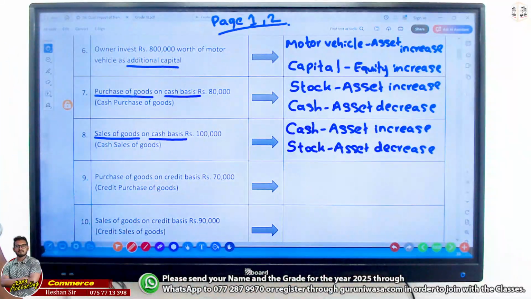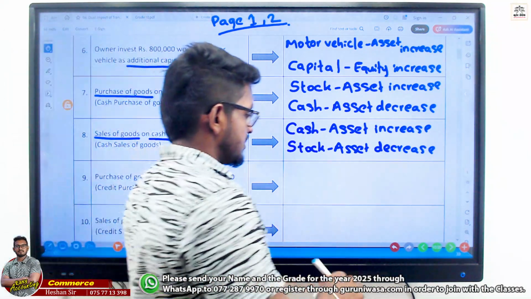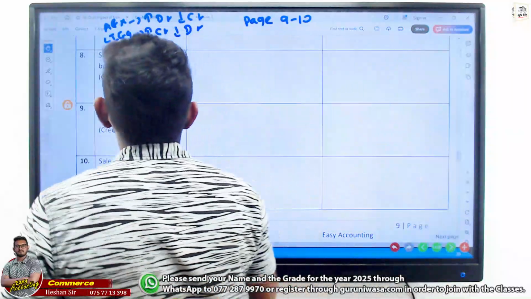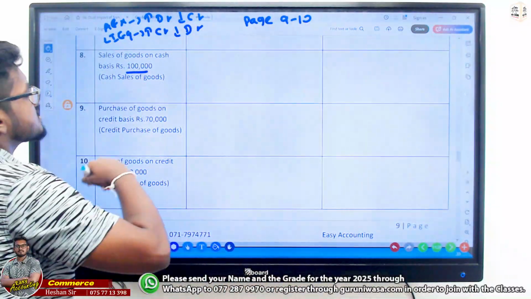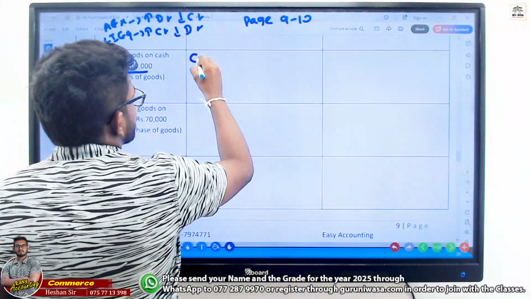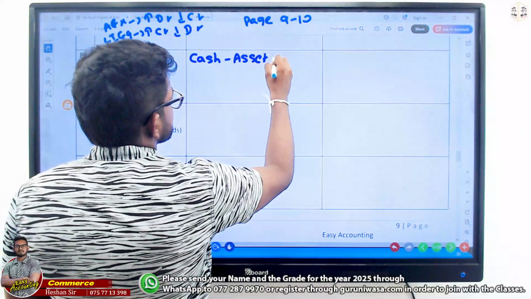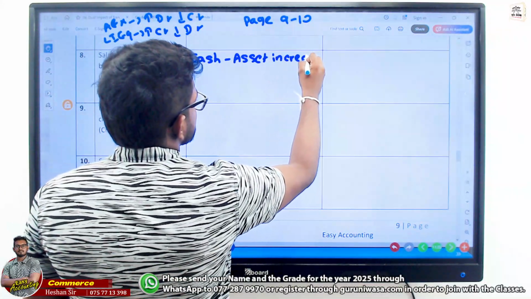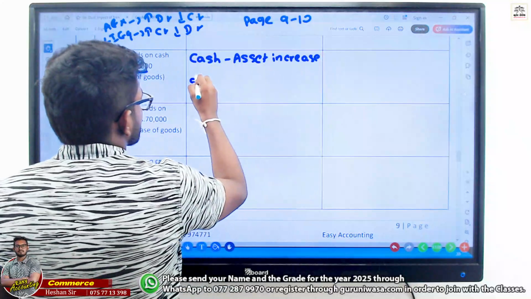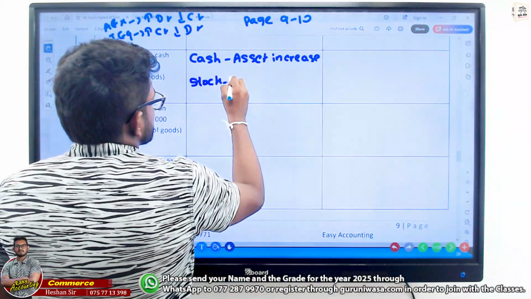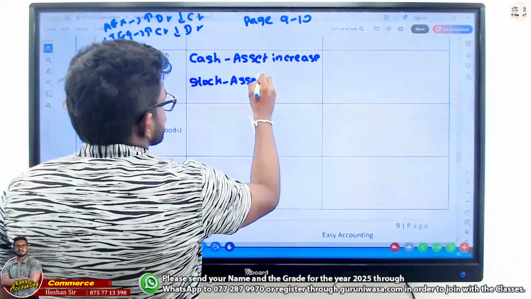Right? Cash asset increase, stock asset decrease. Write the same thing in here in the page number 8 chart, dual impact. Cash asset increase, stock asset decrease.